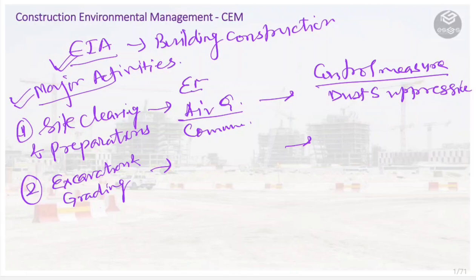Disturbance can disrupt the local ecosystem and can also lead to increased dust emissions, which will impair the air quality. Then what can be the possible control measures? We can talk about employing erosion control methods such as sediment traps and monitoring the dust with regular water spraying.